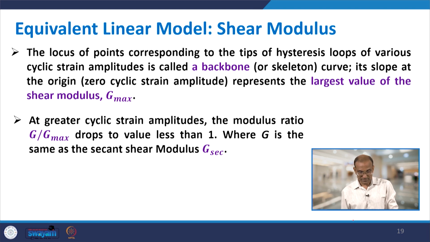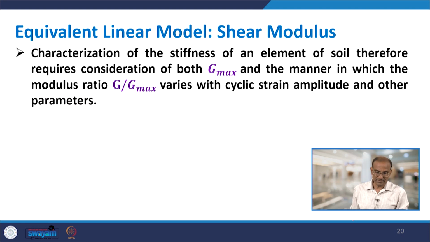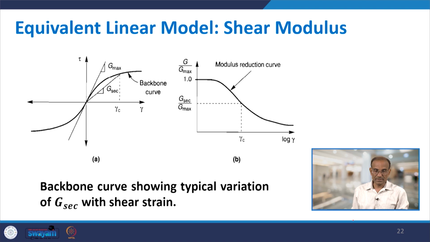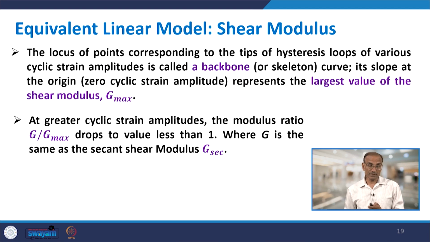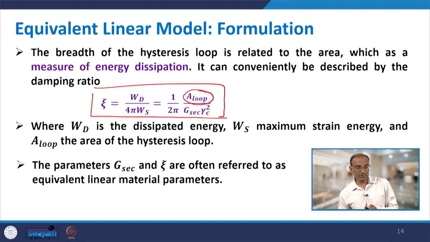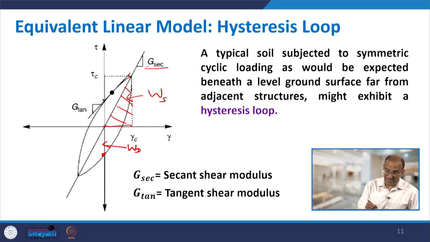So, first of all, here this is the backbone curve. Let me discuss in brief. You have again shear stress, tau, versus shear strain. The backbone curve is made of the points which are the coordinates of the tips of the hysteresis loops. So, from the hysteresis loops, we select the coordinates of the tip, not of the whole loop.